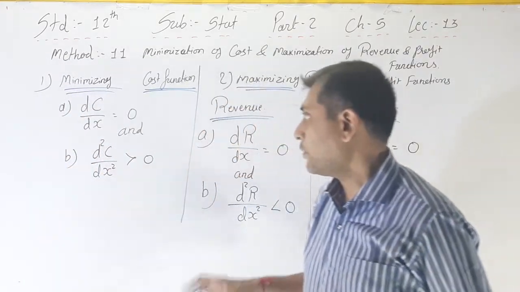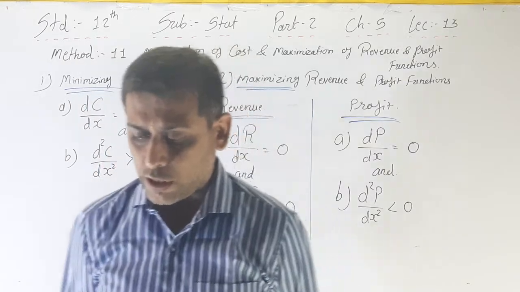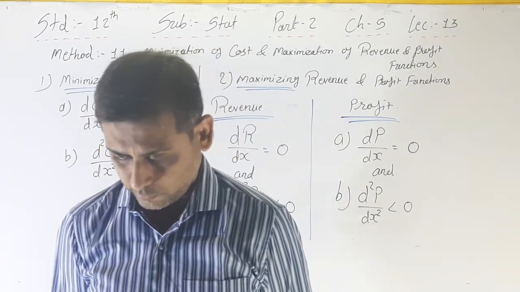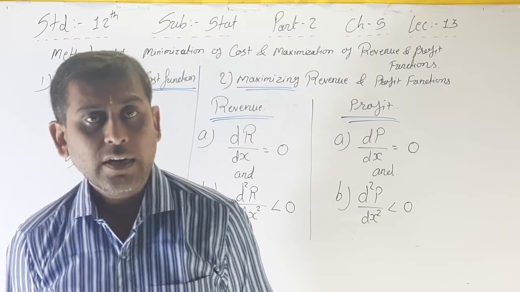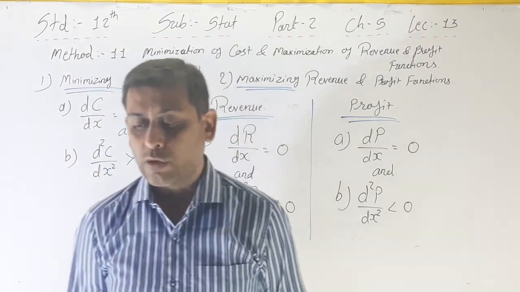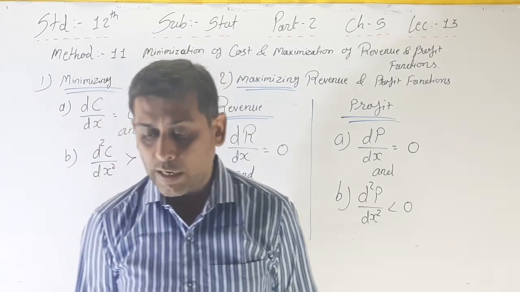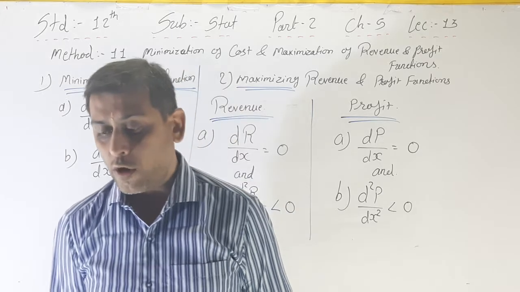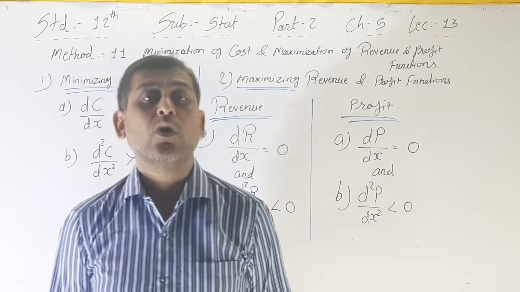The daily cost of production for X tons of commodity is 10x square minus 1000x plus 50,000. How many units should be produced for the minimum cost, and also find the minimum cost?